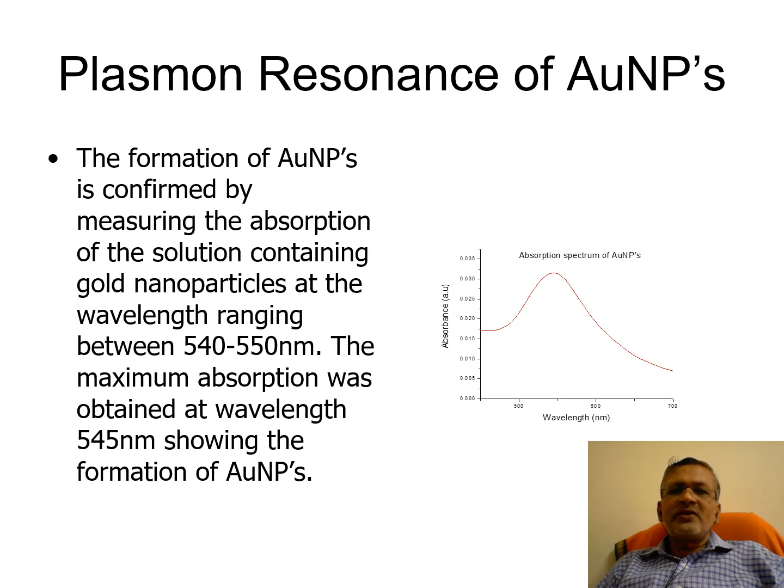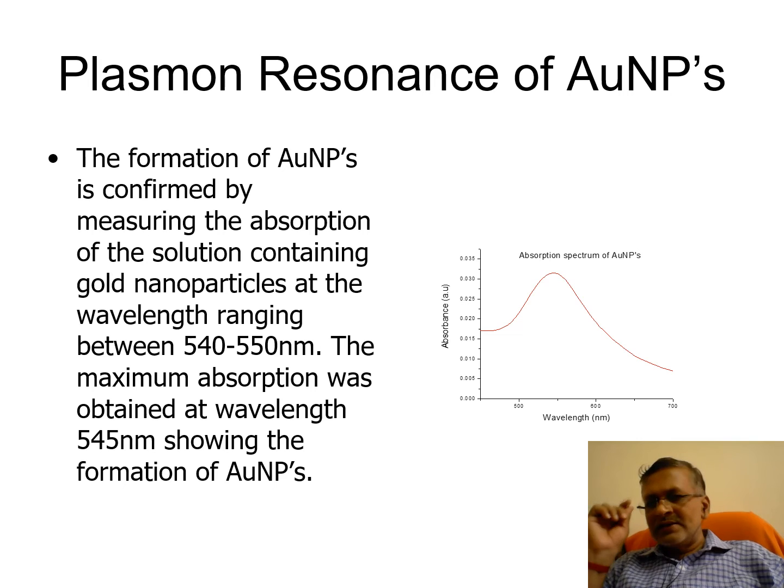The formation of gold nanoparticles can only be confirmed by surface plasmon resonance. Surface plasmon resonance for gold nanoparticles is around 540 to 550 nanometer, and the peak is around 545 nanometer. It confirms that the size of the gold nanoparticles is around 4 to 16 nanometer.